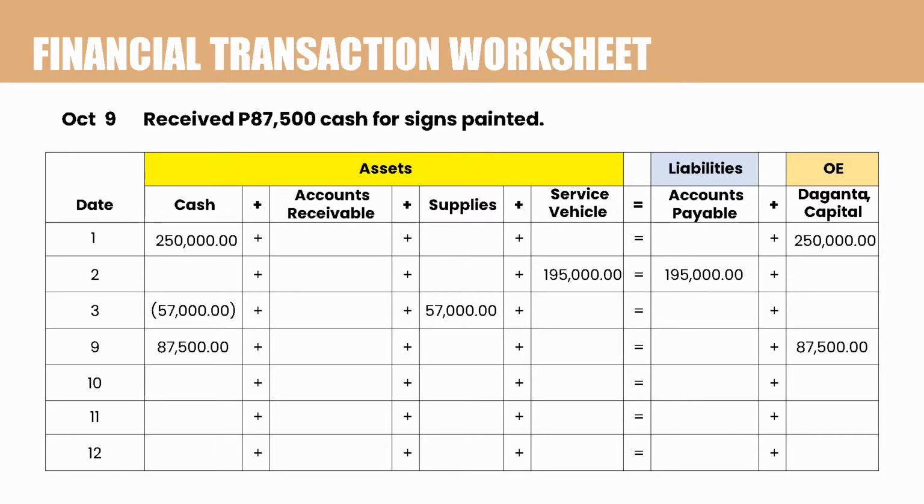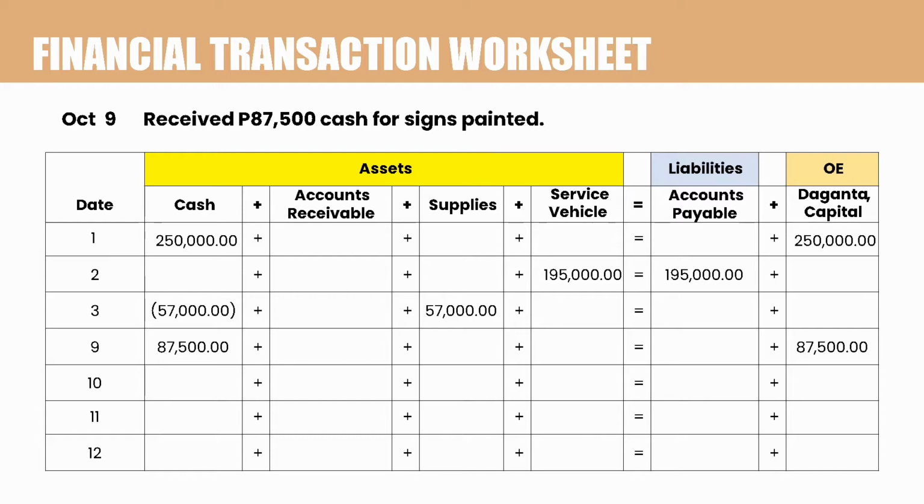So, kapag nag-render tayo ng service, in the end, mako-close din naman siya sa ating capital. Okay? And mas maiintindihan nyo yun pagdating ng ating financial statements. Pero, ganito lang yung logic natin dito because this is service revenue. Service revenue is also under equity.